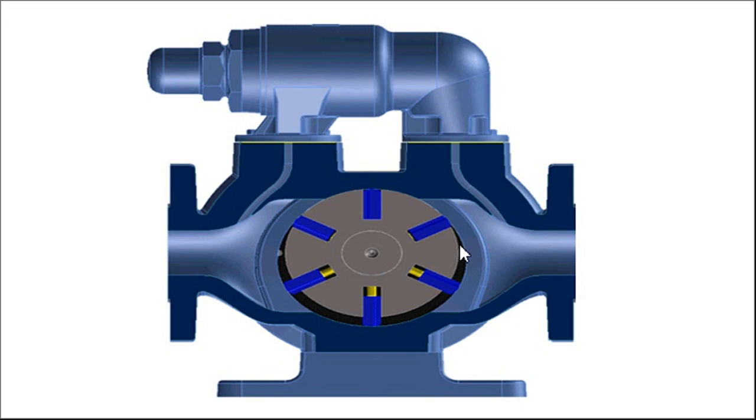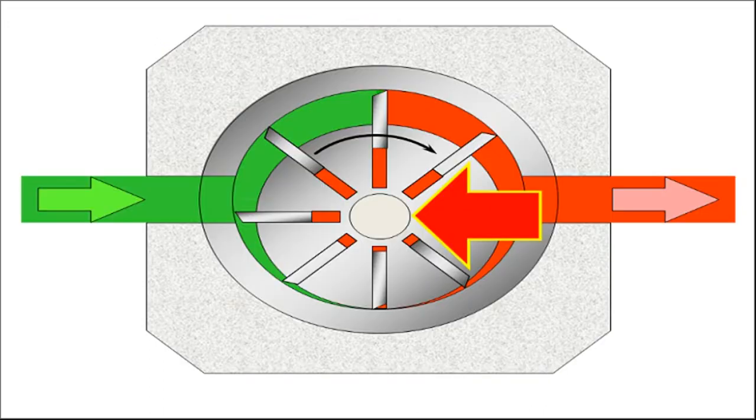Now this is a diagram which shows a rotor and these vanes attached with springs. This diagram shows that the axial thrust acts from the high pressure side, indicated in red, and the low pressure side is indicated in green. So naturally there is an axial thrust like this.